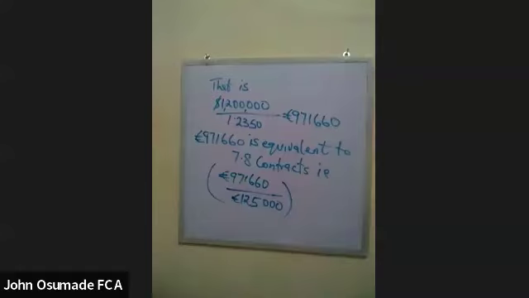If it buys 7 contracts, it will be hedging 875,000, that's 7 times 125,000 euro. We will be hedging 875,000 out of 971,660.